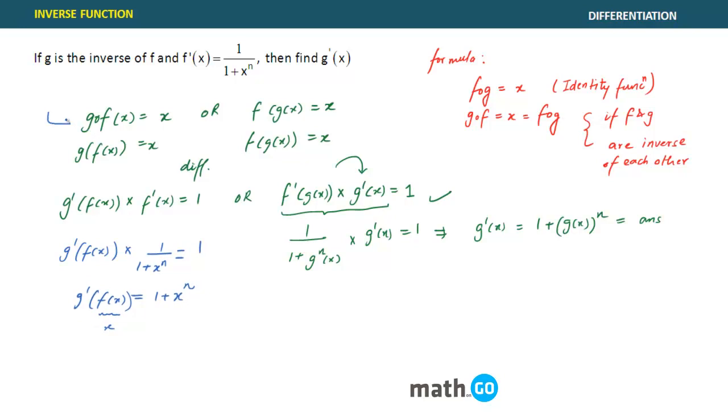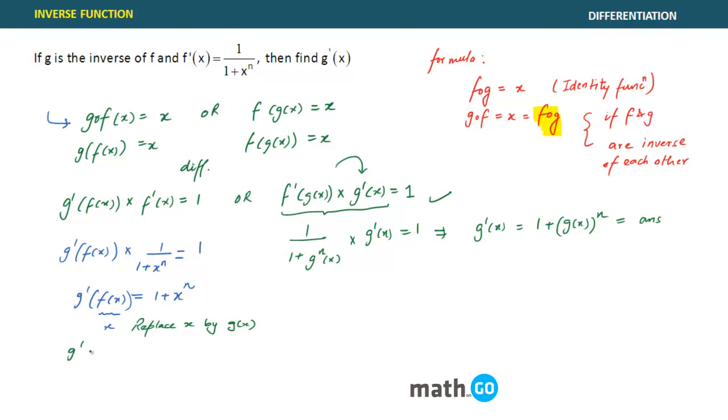Again, see this property. We said that f of g becomes x if f and g are inverse of each other. So here I'll replace x by g x, since this is an identity, I can do this.